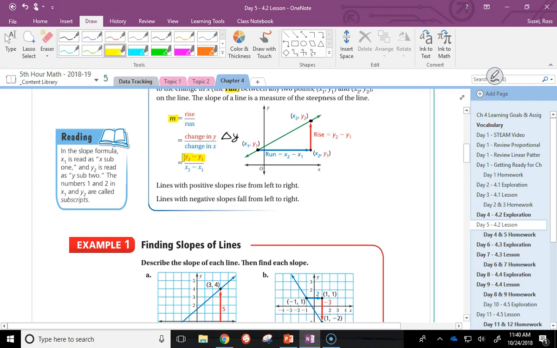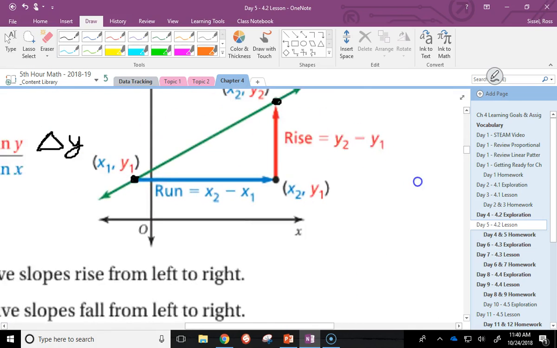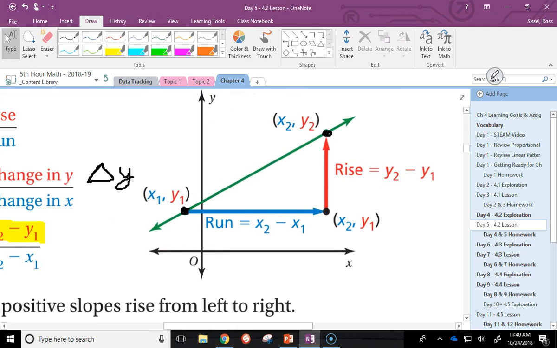And this is the part that gets kind of tricky to some people. If I look at this green line right now, you see how they had this one as x1, y1, and this one as x2, y2? That's really, really important. How did they know that this first point was x1, y1? Why is this one x1, y1? You're right, it's the first point. How do I know it's the first point?